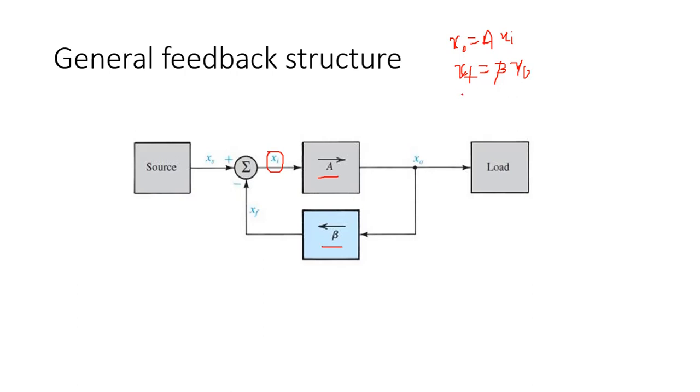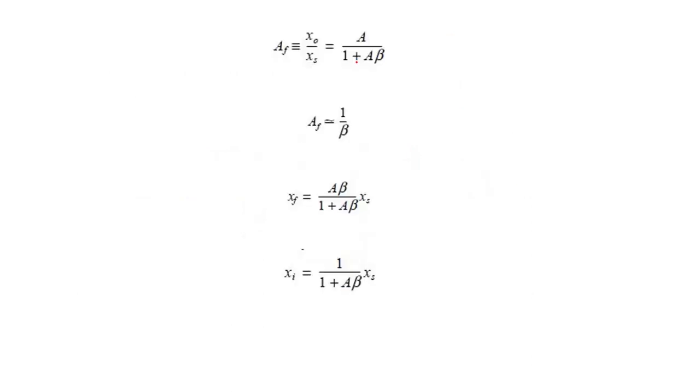Now the gain of the feedback network AF is given by this particular equation. It is X naught, which is the output signal, divided by Xs, which is the source signal. So if we substitute, we get this particular equation: X naught.